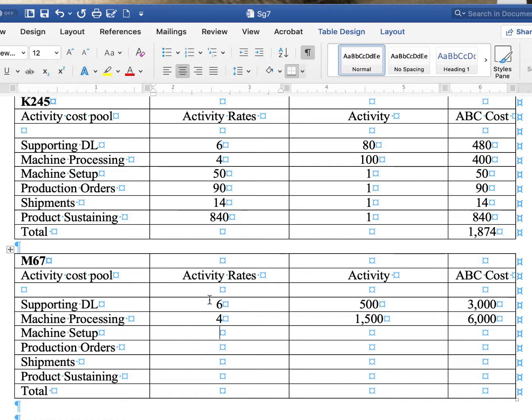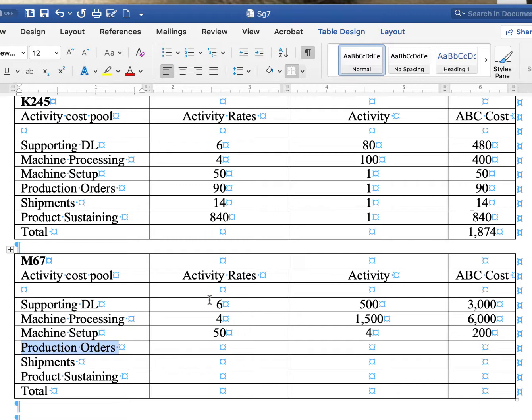I know that the activity cost pool of machine setup has an activity rate of $50 per machine setup. Okay, so how many setups does product M67 go through? Well, it goes through 4. So my activity level there is 4. 50 times 4 should give me 200. And then we go to production orders.